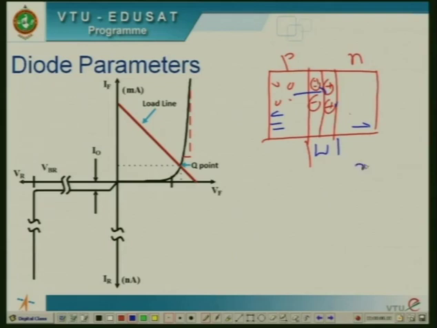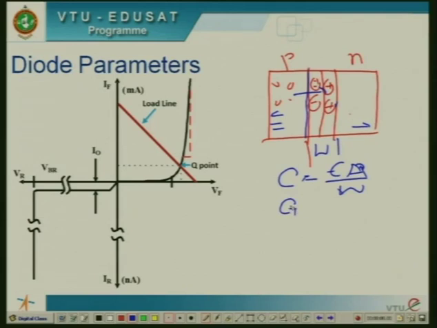Due to this, the width increases, and the potential barrier junction acts as two plates of a parallel plate capacitor, where the capacitance C is given by epsilon A by W. As the applied voltage increases, the width increases. This capacitance is known as the stray capacitance or transition capacitance, and it is denoted with CT.